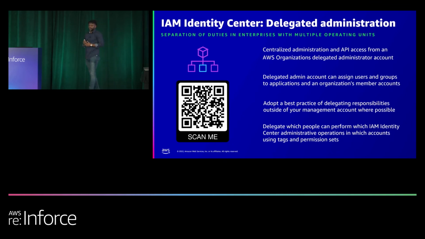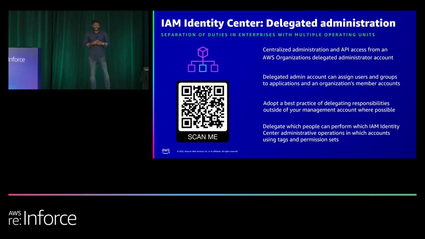And one of the issues that I ran into was, okay, this is a fantastic service. It really solves a lot of problems for us as a business. But as we grew, we started to realize that this needs to be managed from the management account of an AWS organization.